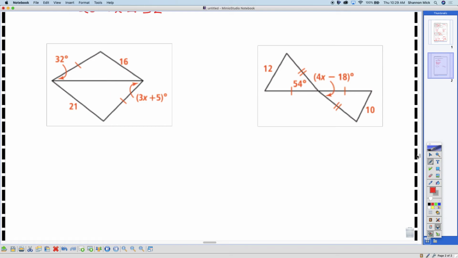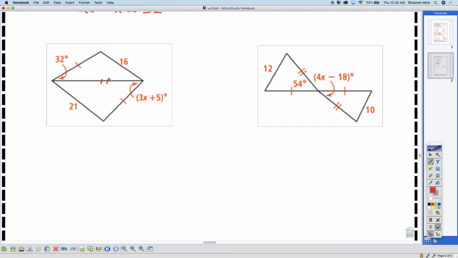It does. Okay, so now I have these. Do I have two congruent sides? Yes, they share it. So I have an angle, a side, these are side angle side ones, kind of is what they call them. I have a side here, and they share this side.